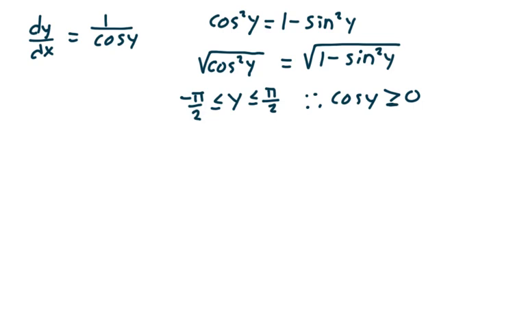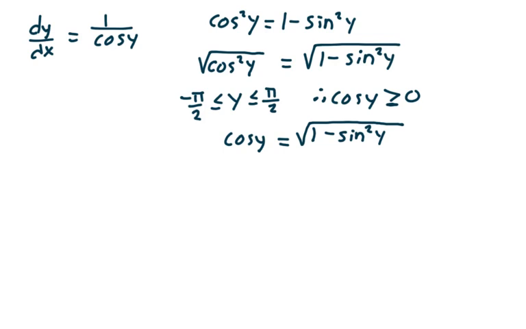We can say cosine of y is greater than or equal to 0. Okay? And so therefore, cosine of y is equal to the square root of 1 minus sine squared y. So I didn't have to put absolute value bars around cosine of y.